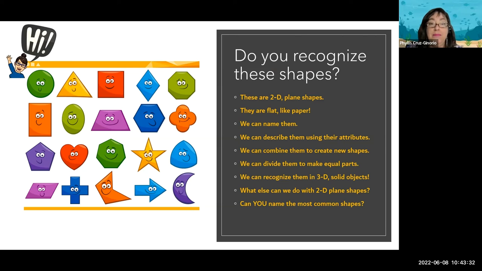If you see a shape and you can't remember what the name of it is or how to describe it, that's something for you to practice. Get a chart. There are some awesome online games and videos to help you. There are lessons in your coursework that will help you recognize, name, and even describe the shapes.